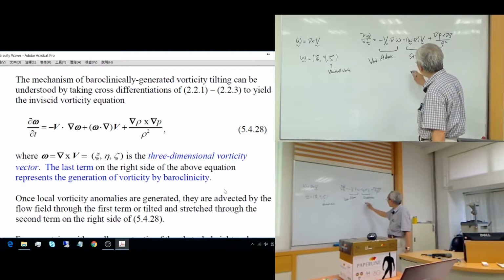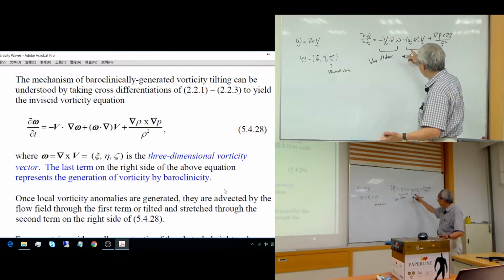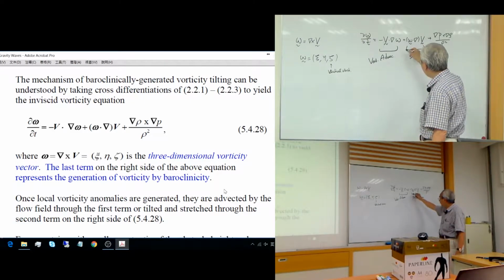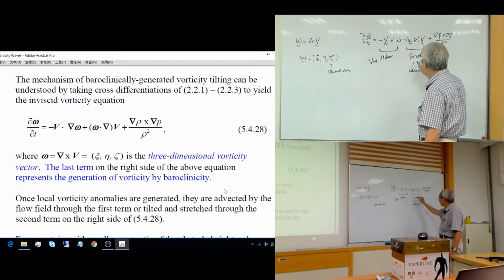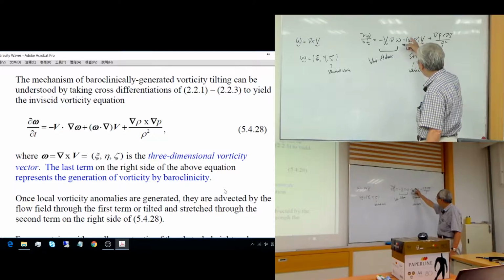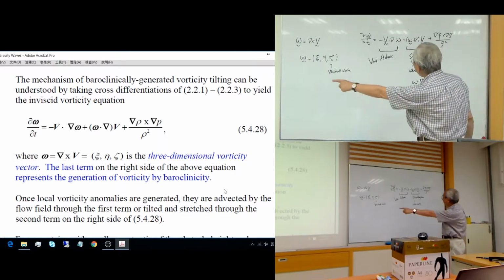Because if we look at just the vertical component, then what we have is omega dot del v.